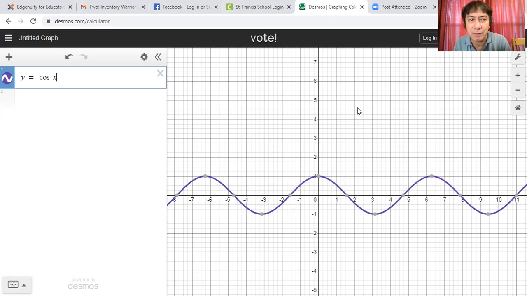Now, all even functions are line symmetric with the y-axis. And how can we tell if a function is an even function? One thing about it, the exponents of the variables are always even.